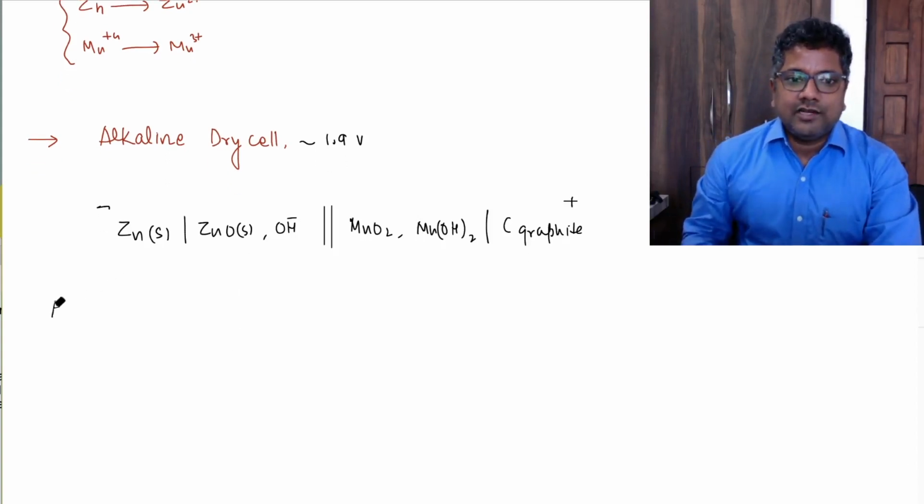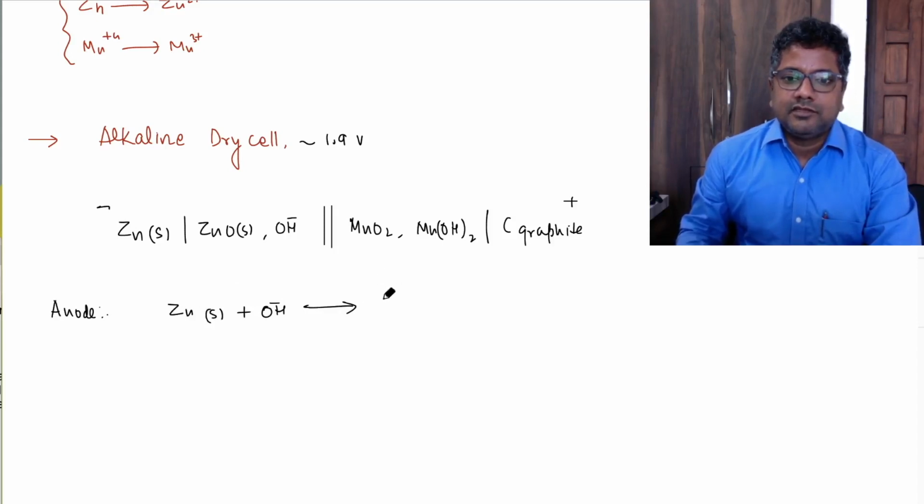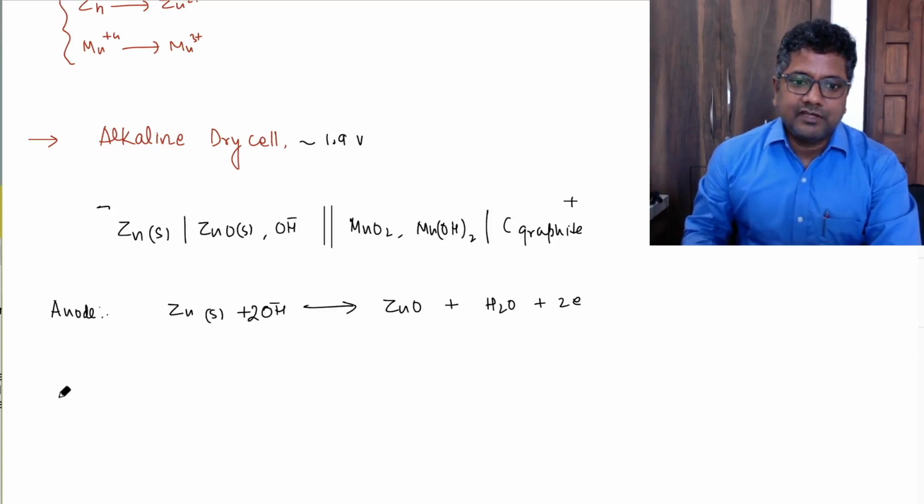So what is the anode reaction here? The anode reaction is zinc solid plus OH minus. This will give you ZnO plus H2O plus 2 electrons. So 2 OH minus. Okay, now it is balanced. And what is the cathode reaction this time?